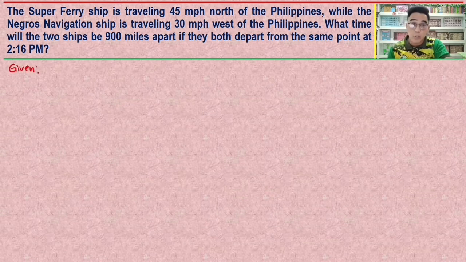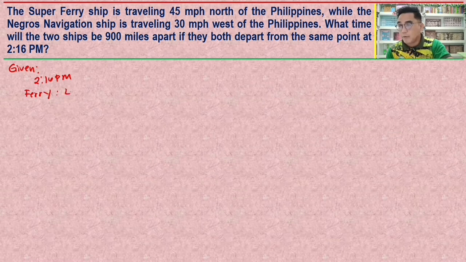We knew that there are two ships which will be leaving the same point in separate, opposite directions at 2:16 p.m. Ferry is going north at a rate of 45 miles per hour, while the Negros Navigation is moving west at a rate of 30 miles per hour.